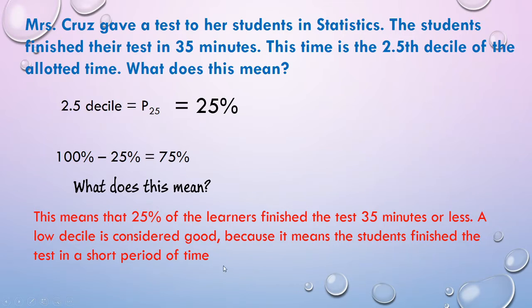Mean to say that the students finish the test in a short period of time. Kasi considering na nasa 25% or 2.5 decile ang nakatapos ng test, ibig sabihin, madali lang yung test. Ha? Madali lang ang test kasi natapos na mabilis eh. So, yan ang isang way to interpret the data using decile.